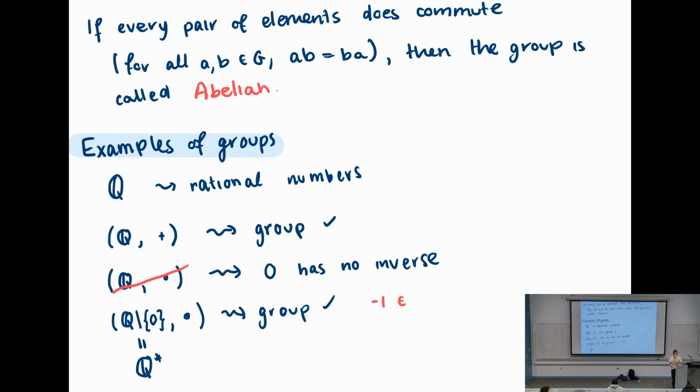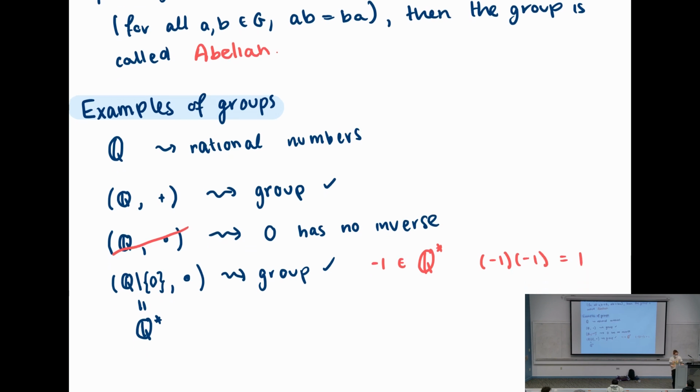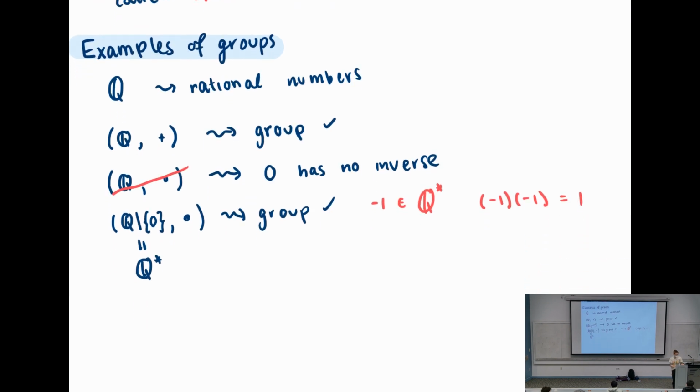So -1 is in Q star, and -1 times -1 is equal to 1, which is the identity. So this is another example of an element that's its own inverse. Yeah, and we'll see more examples. These are our two examples so far: the rational numbers with addition and the rational numbers without 0 with multiplication.